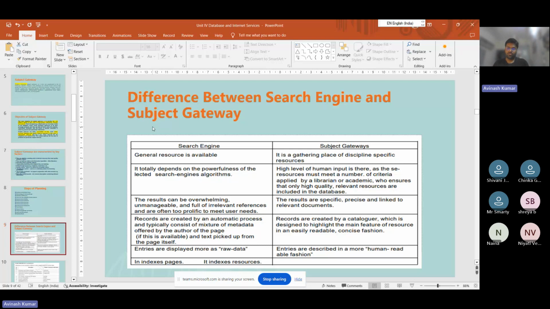So it is very confusing. Don't confuse a search engine and a subject gateway.